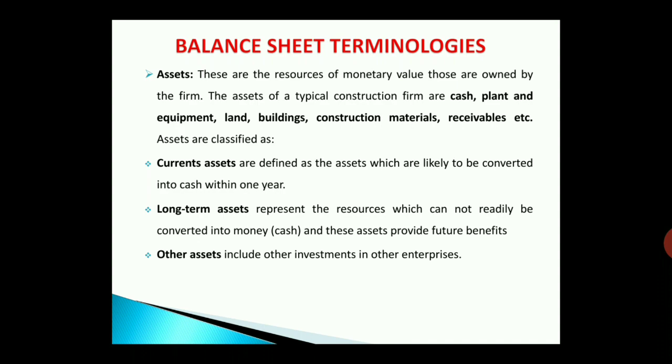Current assets are the ones which can be converted into cash easily, or say maximum in 1 year span you can convert it into cash. Long-term asset is your long-term investments which you cannot convert readily, but from future point of view they are very important, whereas other assets are your investments.